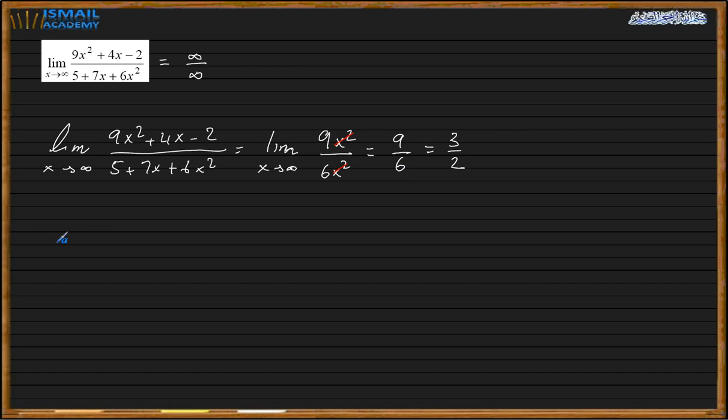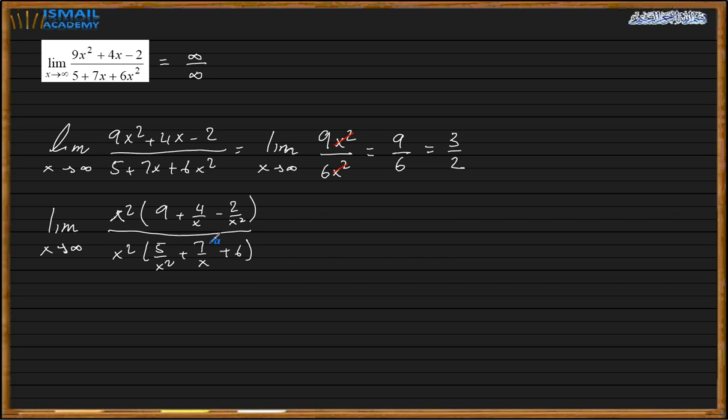Or you take the highest power as common factor. Some professors like to see it that way. So we take x squared as common factor. It's going to be 9 plus 4 over x minus 2 over x squared, and here will be x squared again, 5 over x squared plus 7 over x plus 6.